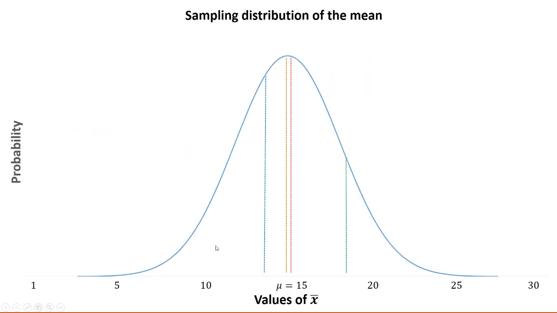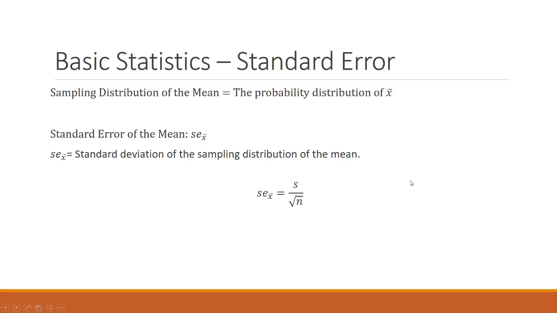Now, if the average of the sampling distribution of the mean is the population mean, we might be interested to know how widely dispersed it is. For that, we will calculate what's called the standard error of the mean, the SE of the sample mean.